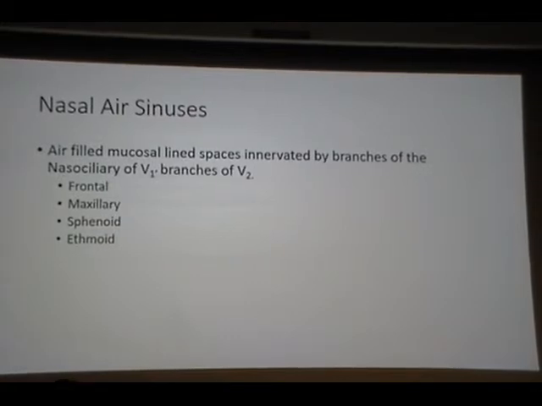So they were functioning like veins, but really from a histologic perspective, they do not have the same histological makeup of their internal surface as a vein, or even their external surface. Their external surface is dura mater. So these are air-filled mucosal lined spaces innervated by branches of the nasociliary branch of V1 and branches of V2.